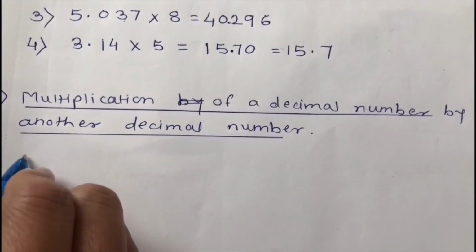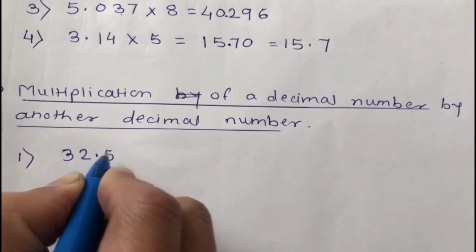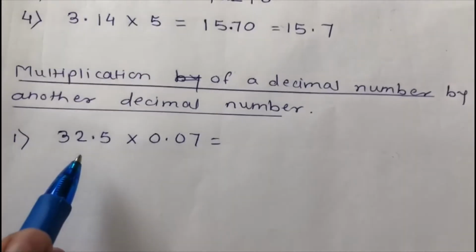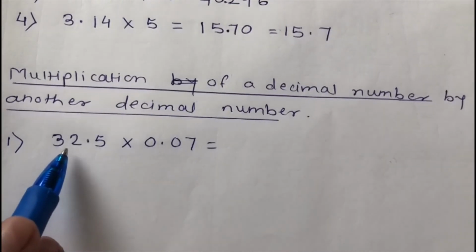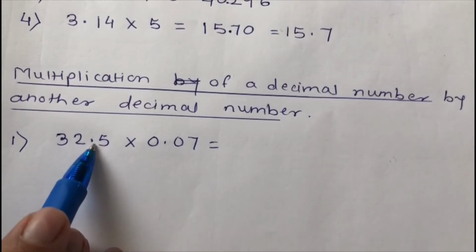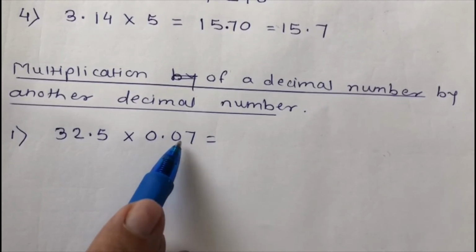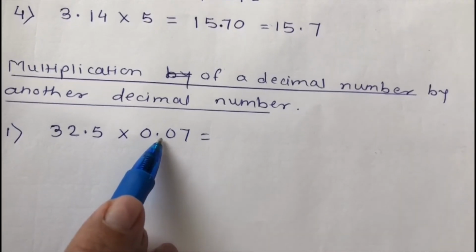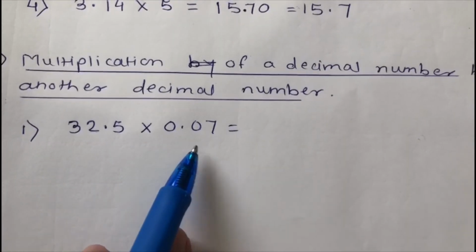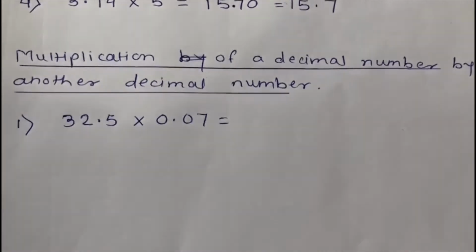Now let's take the first example. 32.5 times 0.07. In this example, in 32.5, the decimal point is after 1 digit from the right, and in 0.07, the decimal point is given after 2 digits from the right. For some time, forget about the decimal points and multiply 325 by 7.